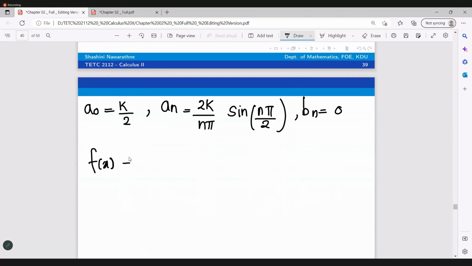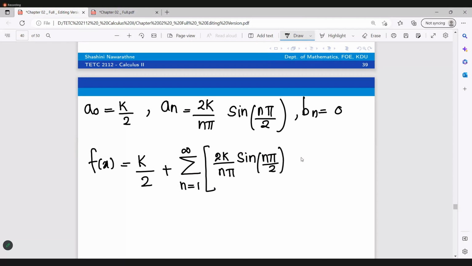The Fourier series of the function f of x is a naught, k over 2, plus summation n equal to 1 to infinity, an is 2k over n pi sine n pi over 2, cosine n pi x over 2, plus bn, which is equal to 0, times sine n pi x over 2.